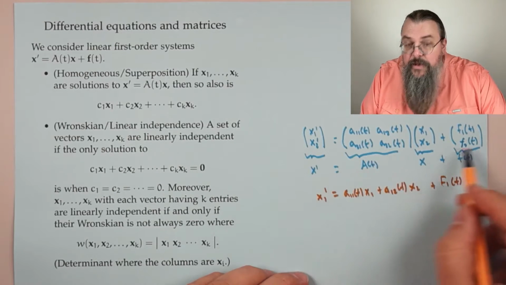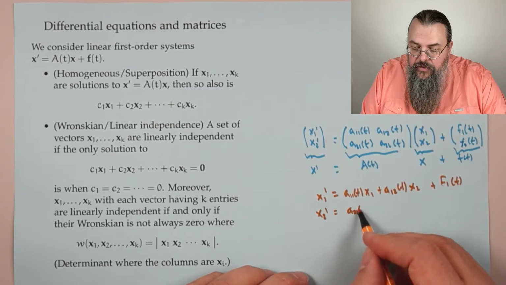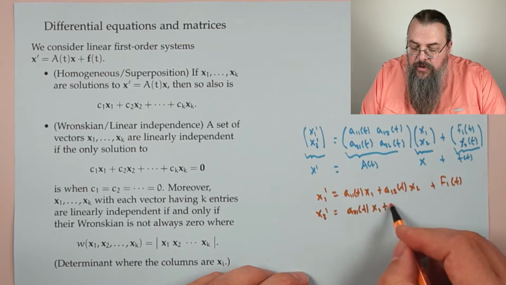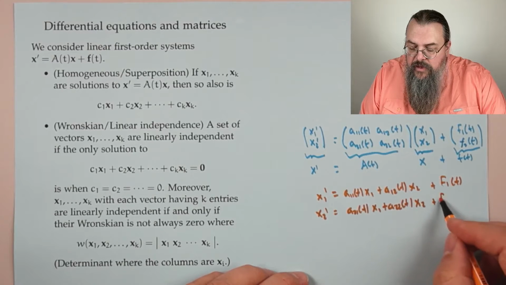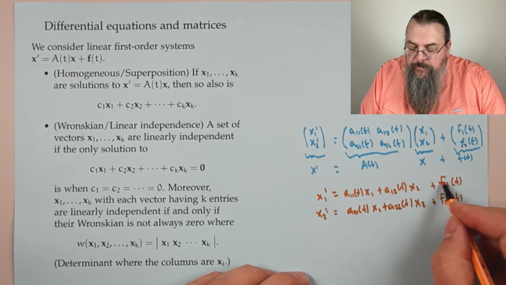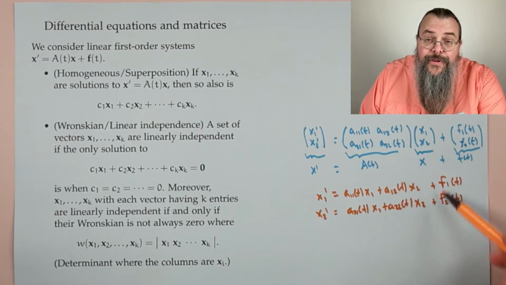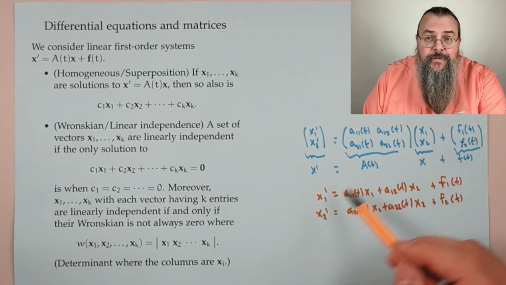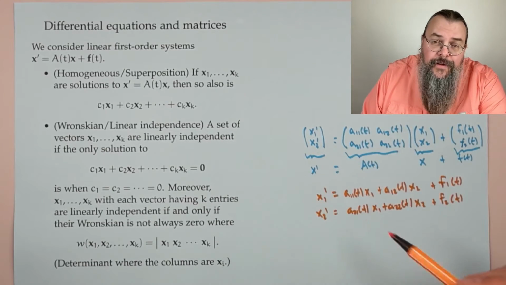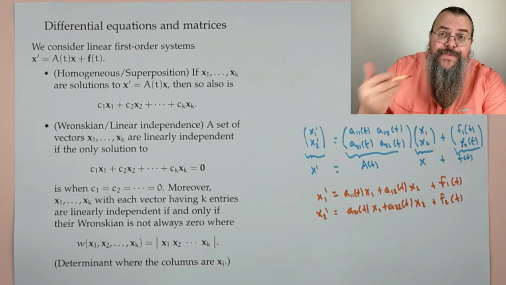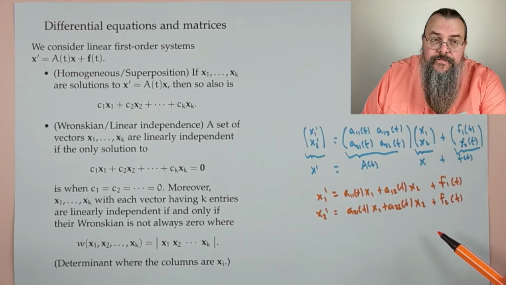Then our bottom equation, x2 prime is a21 of t x1 plus a22 of t x2 plus f2 of t. And it's good to be able to go back and forth. So in other words, if we start with a system of two equations, can we put it into something that's more matrix slash vector form? And vice versa, can we unravel it?